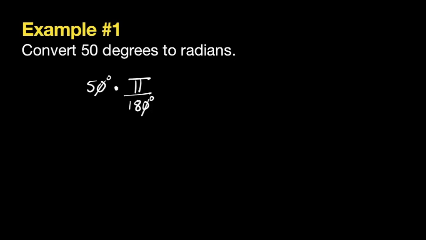We can simplify this a little bit. The 50 and the 180 have 10 in common, and that's going to give me 5 pi over 18. And that is your answer.